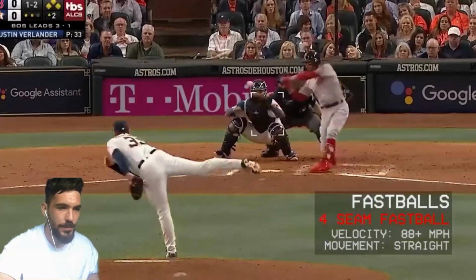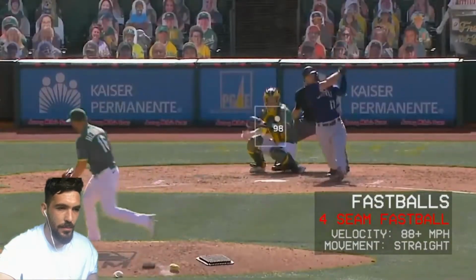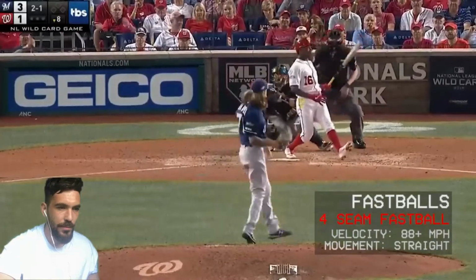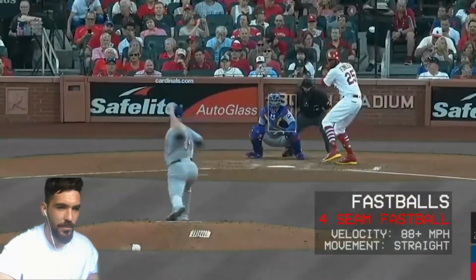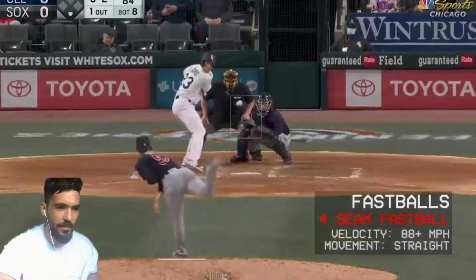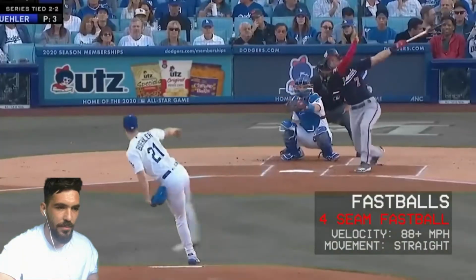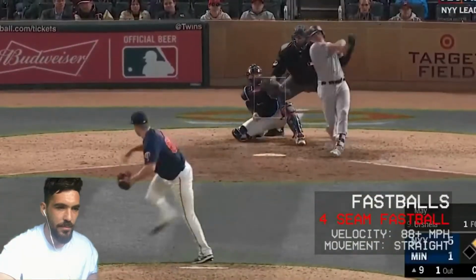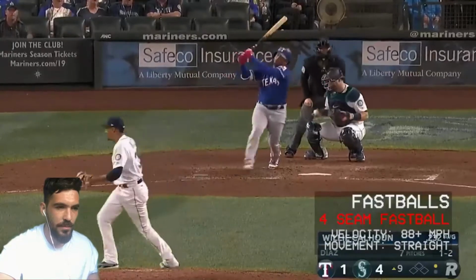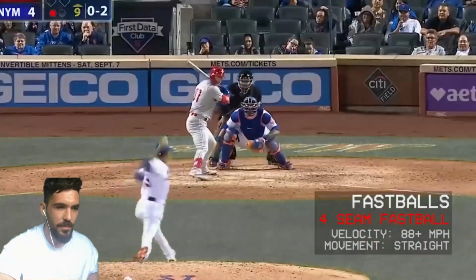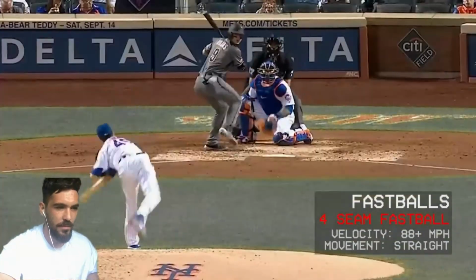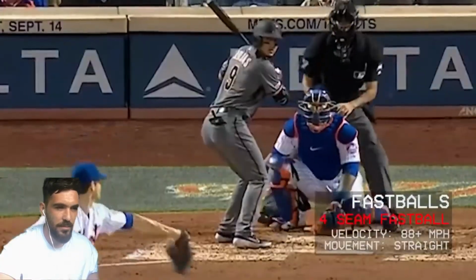This straight and level movement is a result of the high amount of backspin placed on the ball. If you see a pitch that's traveling this straight at 90 plus miles an hour, you're probably looking at a four-seam fastball. Some four-seam fastballs actually appear to travel upwards as they approach the plate, and this is called a rising fastball. Despite the way it looks on TV, this upward movement is just an illusion.